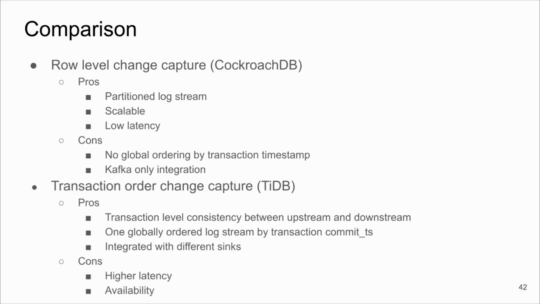If you want transaction-order change capture, the challenge is that the system you design is very hard to make highly available, and you can very easily run into a case where a certain piece of the system not working causes the whole system to be blocked. So there has to be a better way to do this.